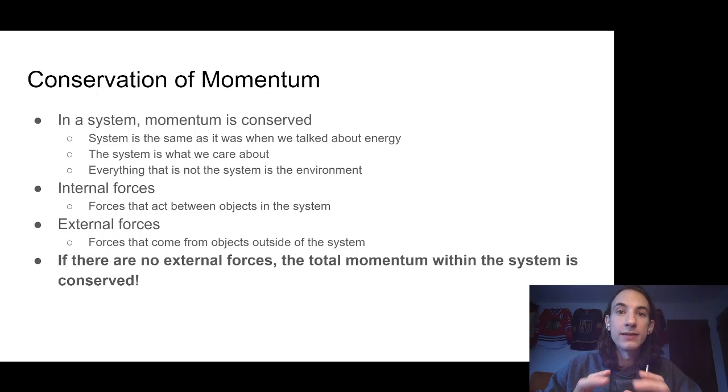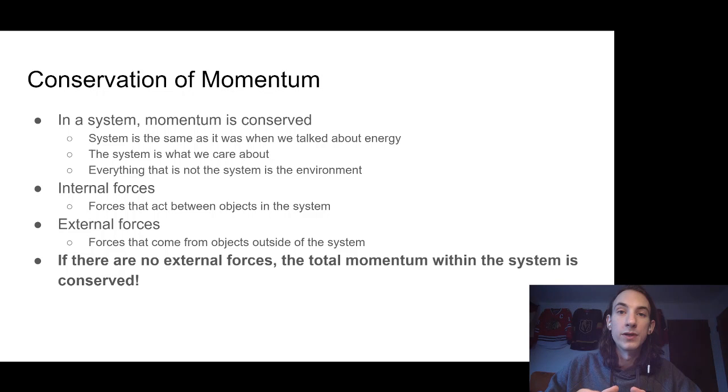And one really important thing when we're defining the system with momentum is that if we have internal forces that act within the system, then momentum is conserved. So if all the forces within the system, within this collision, are internal, then momentum is conserved. If we have an external force, coming from the outside of our system, momentum is no longer conserved.